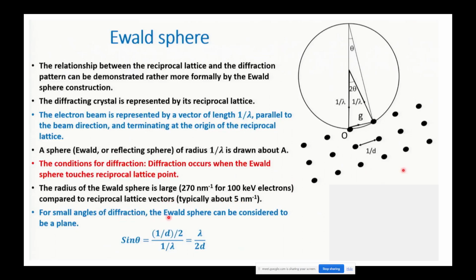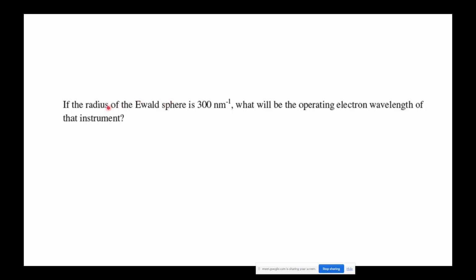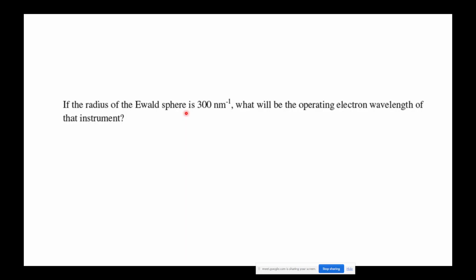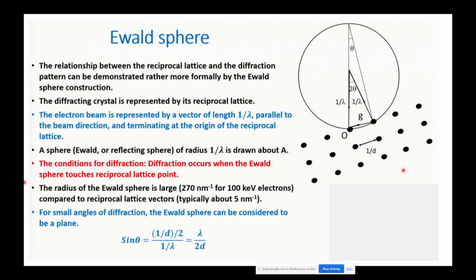For a small angle of diffraction, sin theta equals (1/d)/2 equals lambda/2d. What they were asking here: they have given the radius, and they are asking for the wavelength lambda.